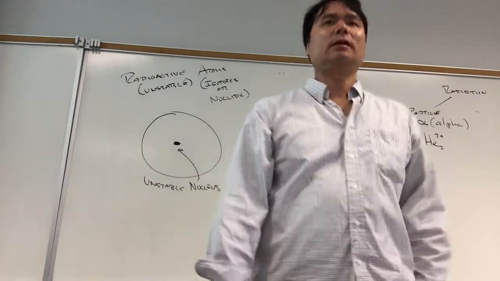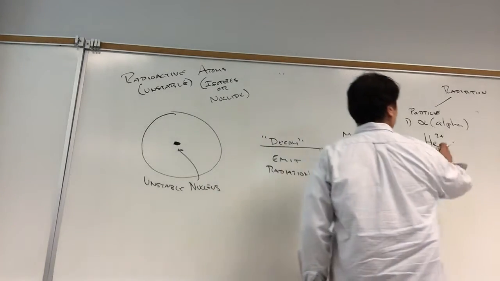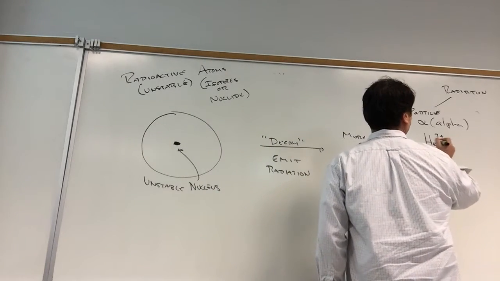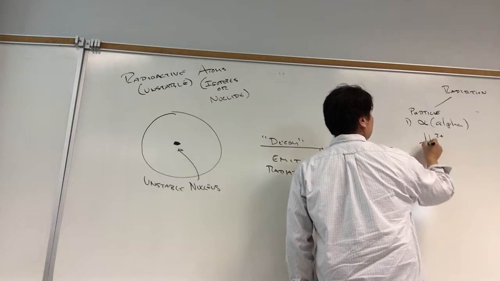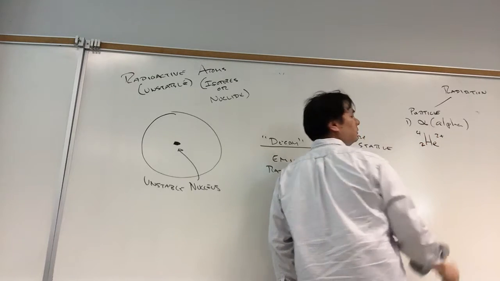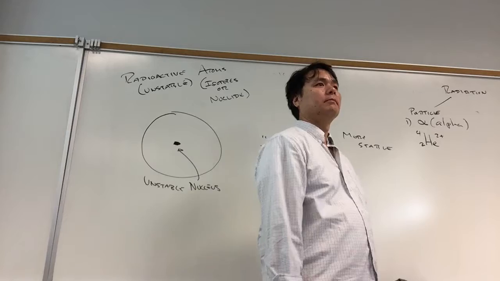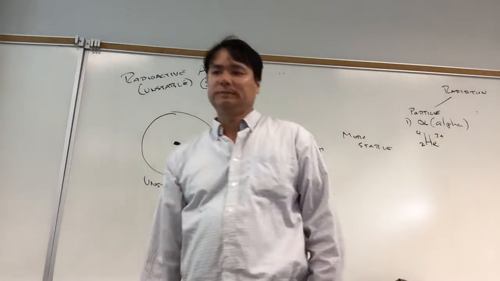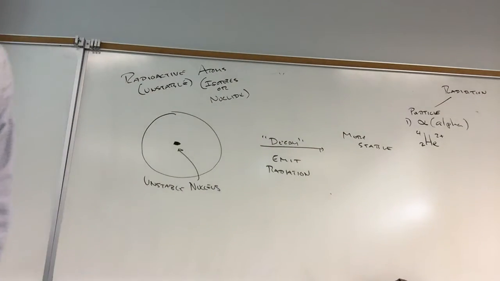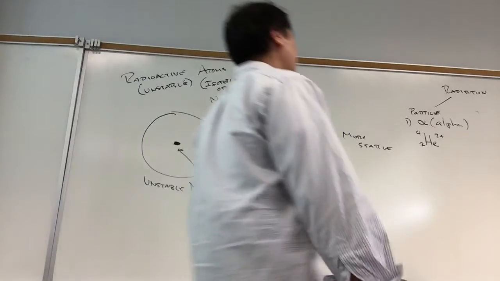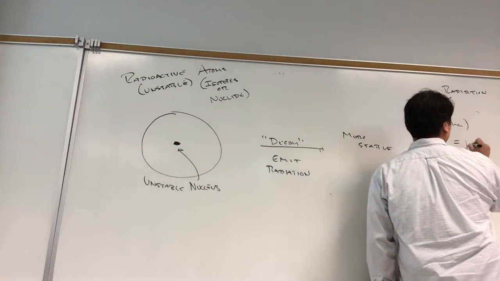An alpha particle is He 2+. This is 2,4. Remember 2,4? What's 2,4? We call this helium-4 2+, right? Helium-4 is the isotope. But what is it? An alpha particle is the nucleus of the helium atom.